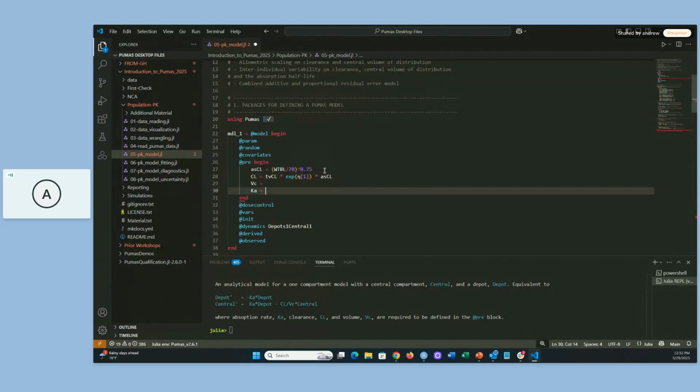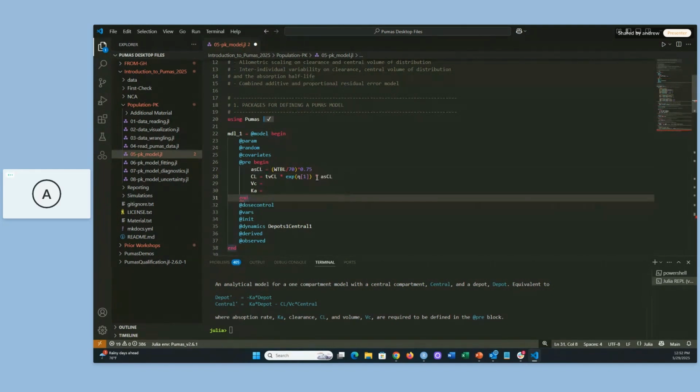And I think this helps, especially for larger models. It helps with the computation time a little bit, if I remember correctly. We can define that allometric exponent and essentially just pipe it into the next line below. So there we have it. This is our initial build then for clearance.